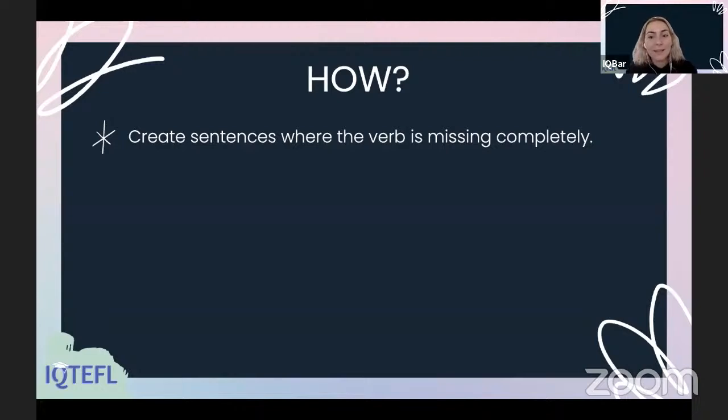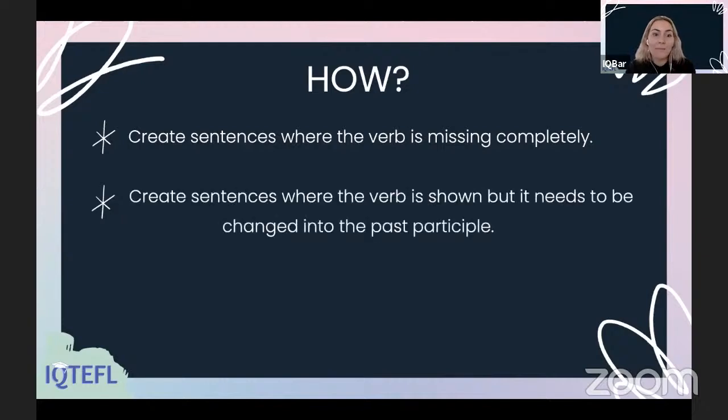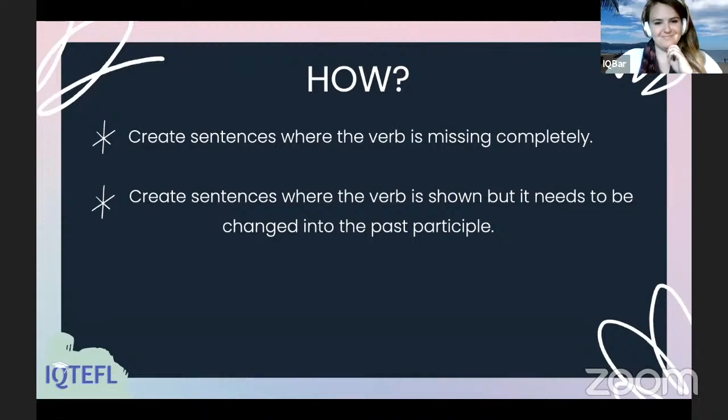Now, gapful activities are really useful for teaching, I would almost like to say, the structure of a sentence, because students become aware of what's missing, you know, what tense the verb needs to be in, what is the object, what is the action. They really become so in tune with how to structure a passive voice sentence.